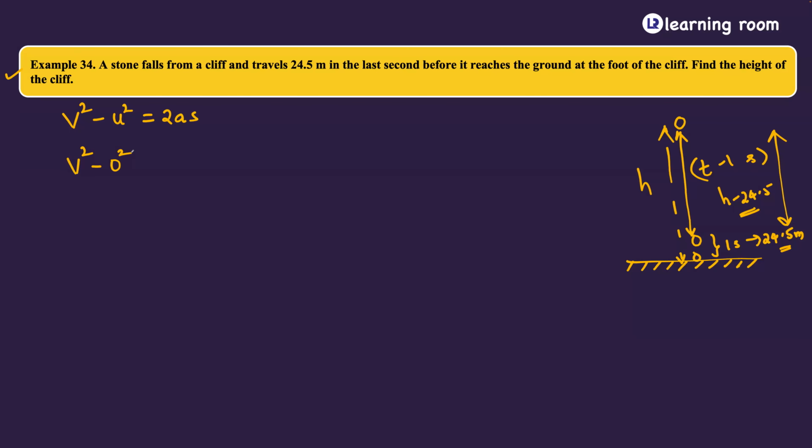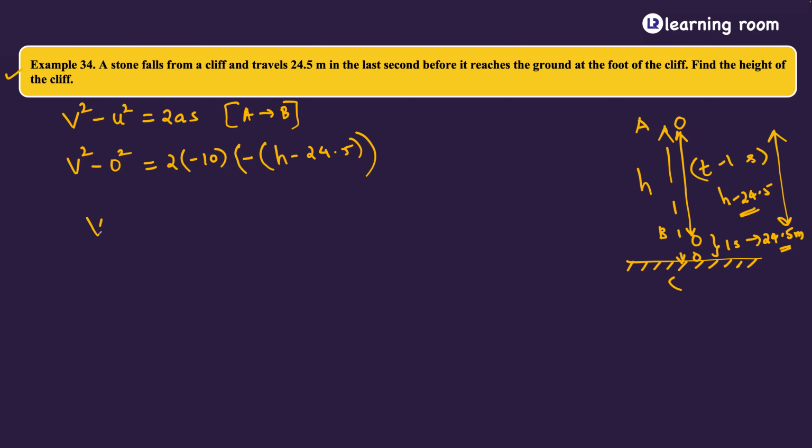I'm talking about the journey between A to B. Am I clear with this? So v square minus 0 square is equal to 2 into g, I'll take it as 10, so minus 10 into displacement, which is minus of h minus 24.5.